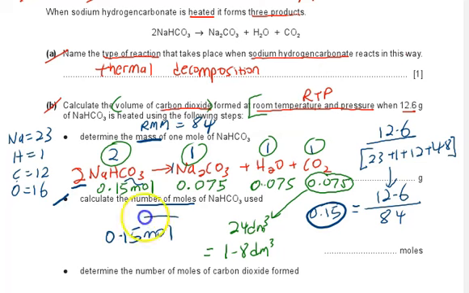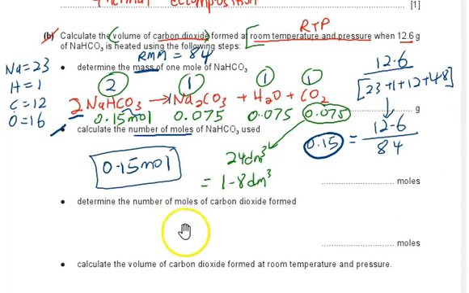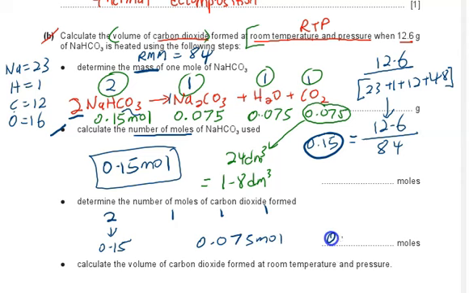That's your answer. And determine the number of moles of carbon dioxide. So remember to use the ratio. If 2 is equal to 0.15, then 1 will be equal to 0.075 mole. So that is your answer here.